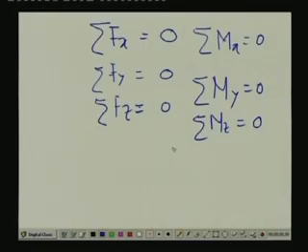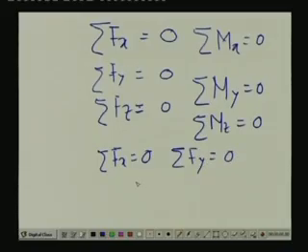These equations must be satisfied for a body in space. In two dimensional form, these equilibrium equations reduce to summation of forces in the x direction equals 0, summation of forces in the y direction equals 0, and summation of moment about z equals 0.